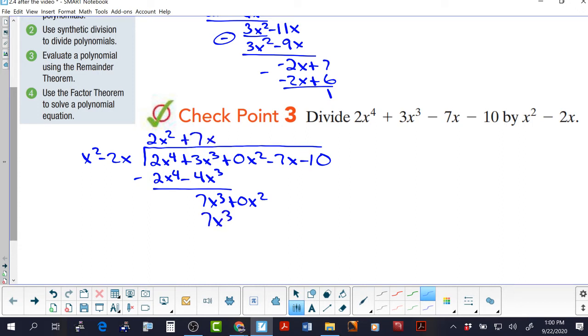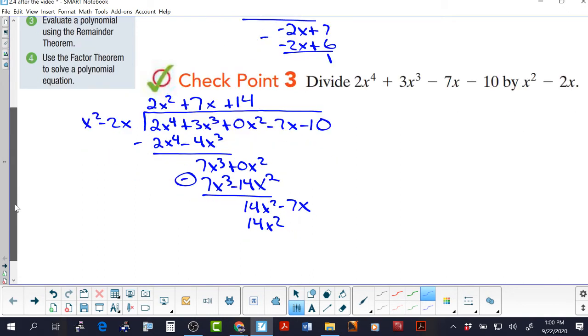So 7x to the third minus 14x squared. Always subtract. So 14x squared minus 7x. And we need to multiply by 14. So we have 14x squared minus 28x. And we always subtract.